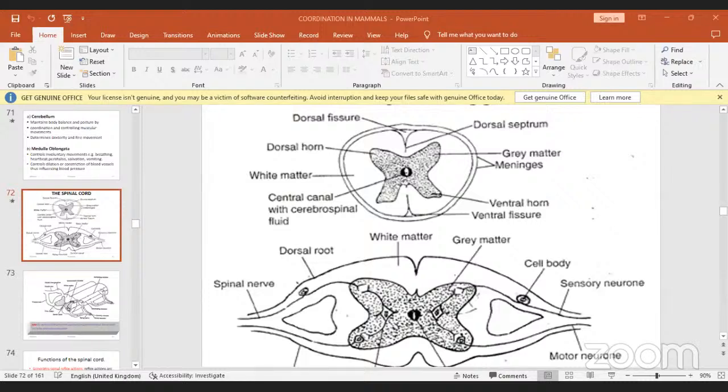So one of the disadvantages of the exoskeleton is that it hardens when it's exposed to air, and that limits growth. Because when we're talking about growth and development, I want to take you back to growth and development.